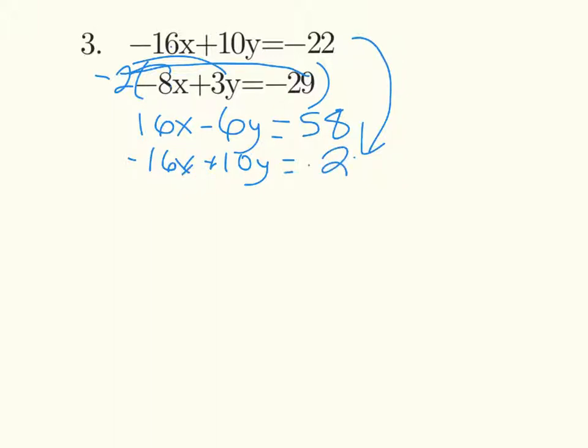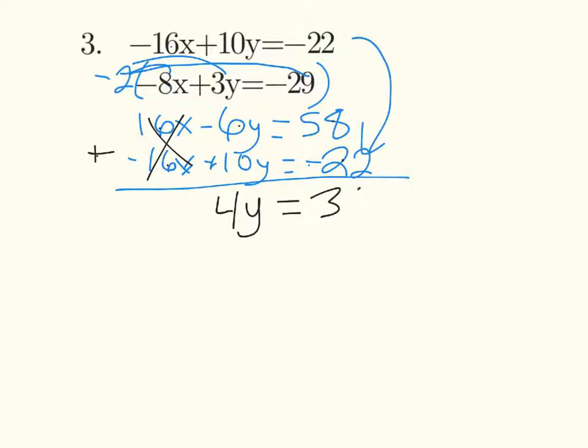And then I can do my elimination. Again, I'm adding here. If I add my 16 plus a negative 16, they're gone. Negative 6 plus 10 gives me 4y. 58 plus a negative 22 is 36 is what that gives me.